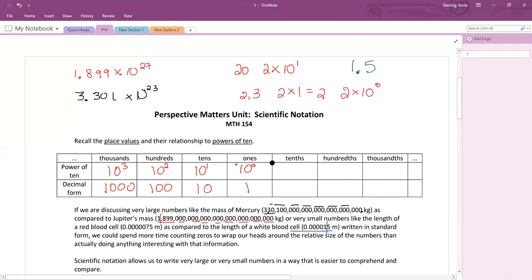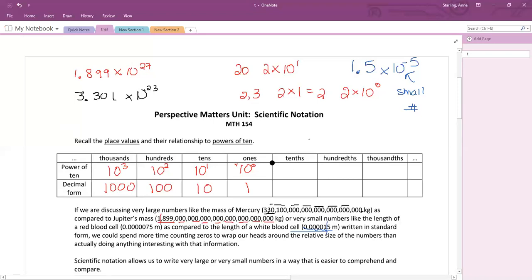We start when all the zeros stop, and then we figure out how many places we moved: 1, 2, 3, 4, 5. So that's 1.5 times 10 to the negative 5, and that represents a small number. Think of it this way: if I have negatives, I'm going really small. And now we can compare the mass of Jupiter to a white blood cell, which is quite different in magnitude.